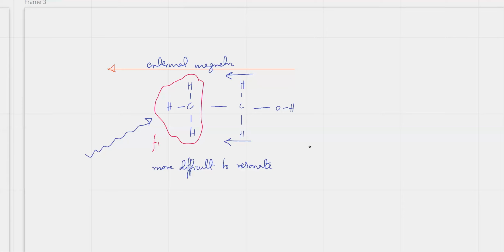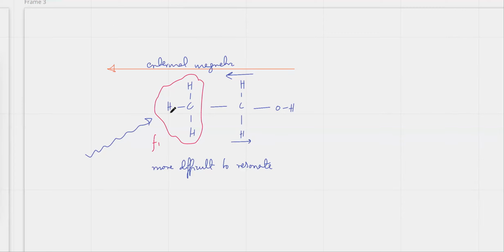Maybe one of the hydrogen protons is not resonating, so one of them is not aligned. So let me just wrap this up.